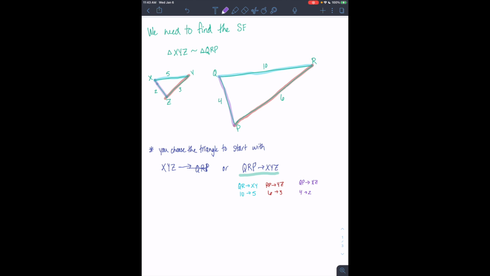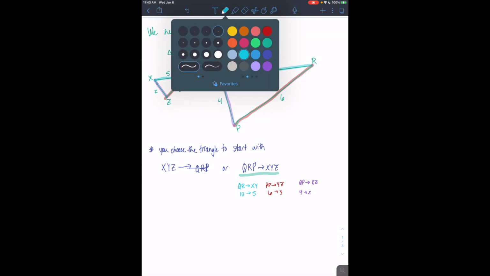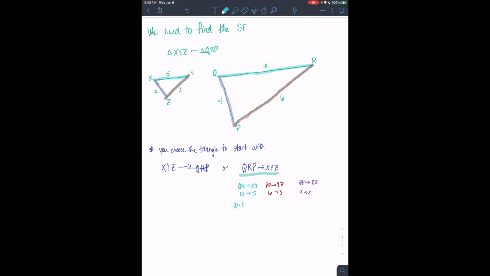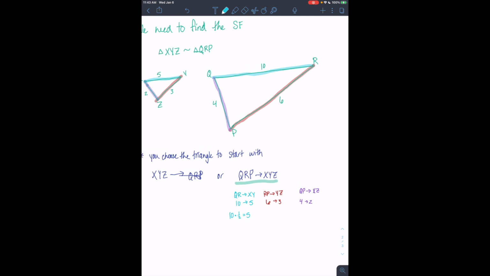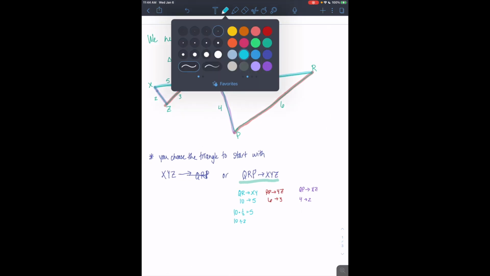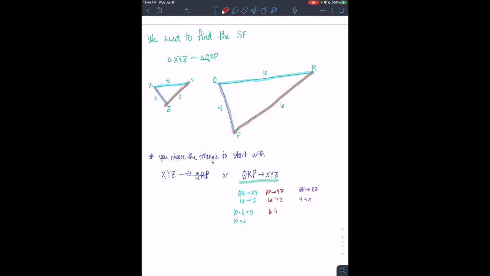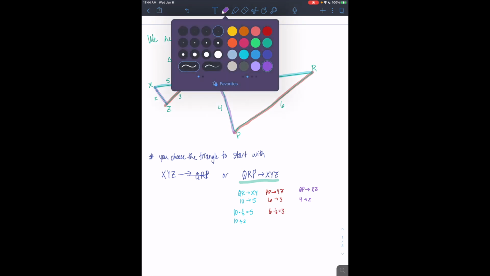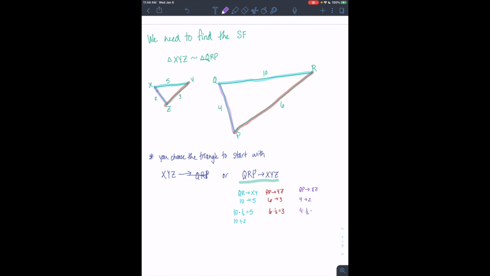At this point, hopefully we can eyeball this and notice that 10 times 1/2 equals 5, or in the sense of thinking about this as 10 divided by 2, we're dividing by 2 or multiplying by 1/2. And the same is true here: 6 times 1/2 equals 3, and 4 times 1/2 equals 2. So our scale factor in this case, if we are going in this direction, would be 1/2 for the direction of starting at QRP and going back to XYZ.